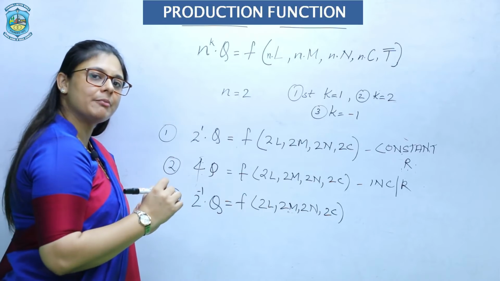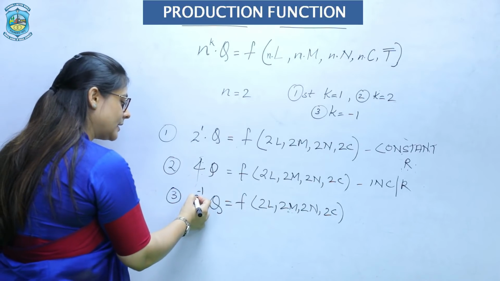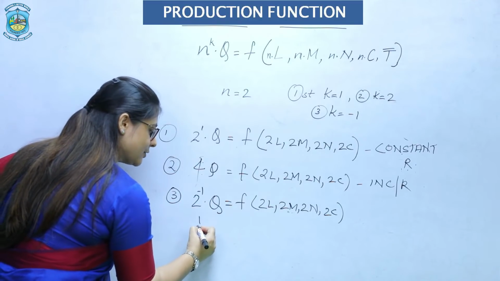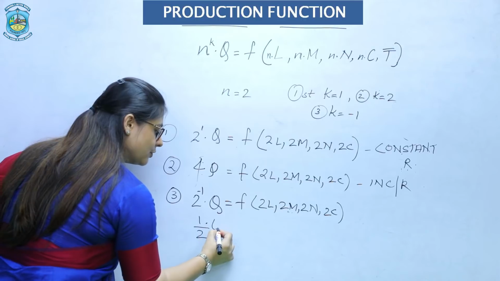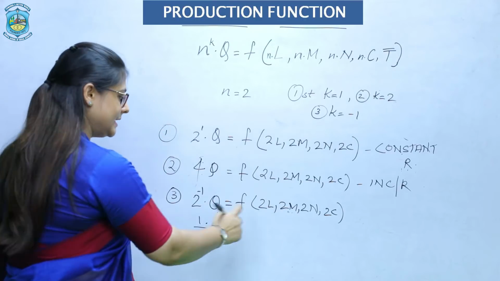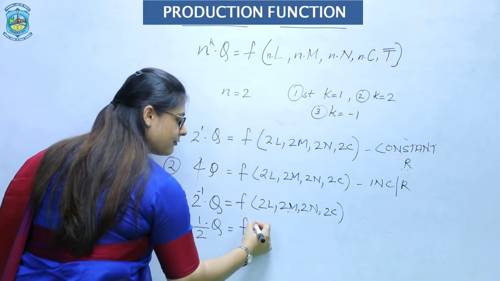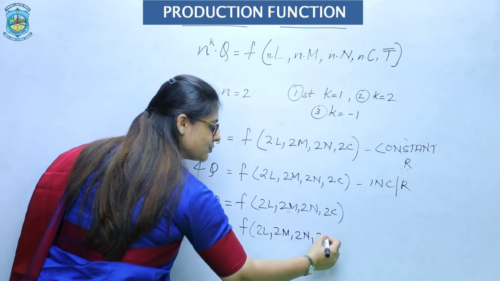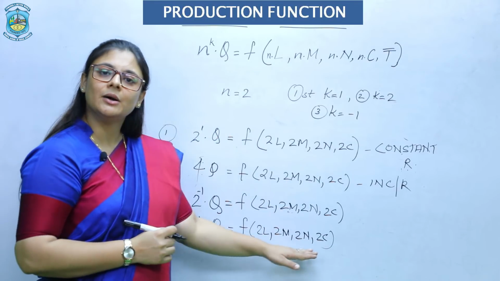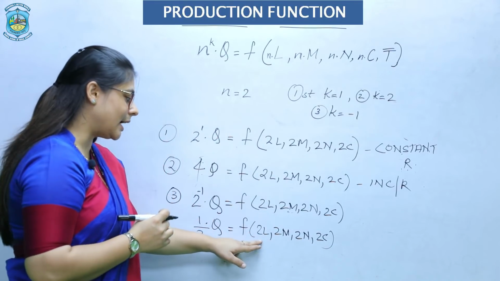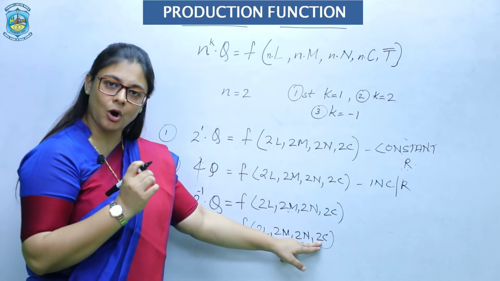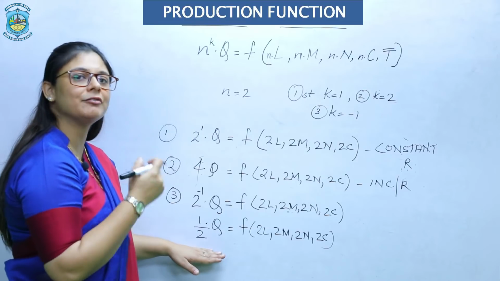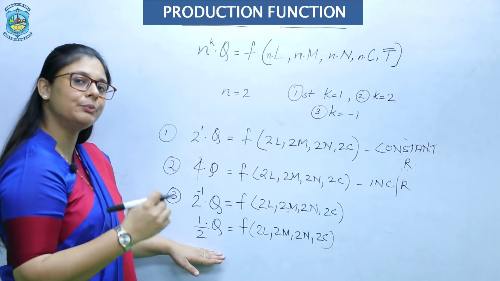Any natural number raised to the minus power, the value of this is going to be 1 by 2. So, 1/2 q is equal to function of 2L, 2M, 2N and 2C. Here we can clearly see that doubling of inputs has caused the change in the output, which is exactly half of the output that we require to produce.